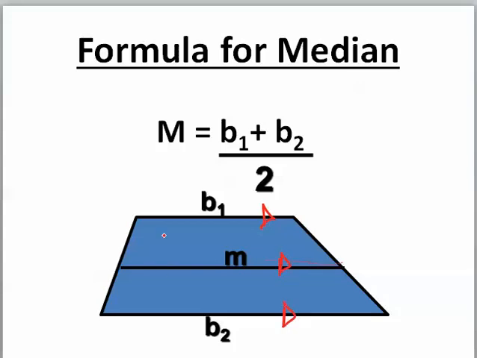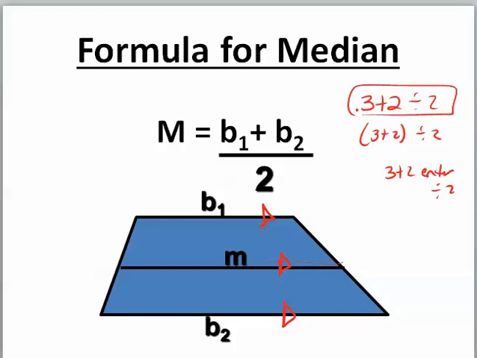And to find the length of the median, and we're going to use a little m for that, we have the first base plus the second base divided by 2. Now you want to be careful in your calculator. Let's say the first base was 3 and the second base was 2 and you wish to divide it by 2. Make sure in your calculator that you either put parentheses around this or that you add, hit enter, and then divide by 2.